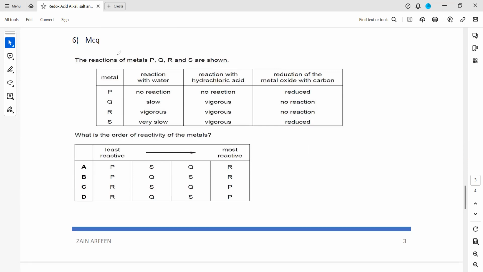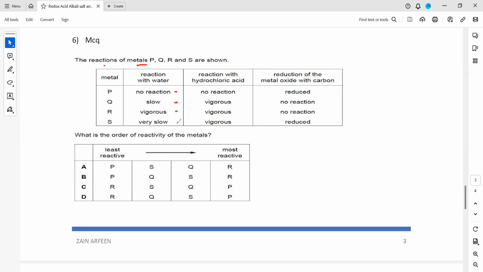In question 6, the reactions of the metals P, Q, R and S are shown. We have to state the order of reactivity of these metals from least reactive to most reactive. First, check P with water: no reaction.